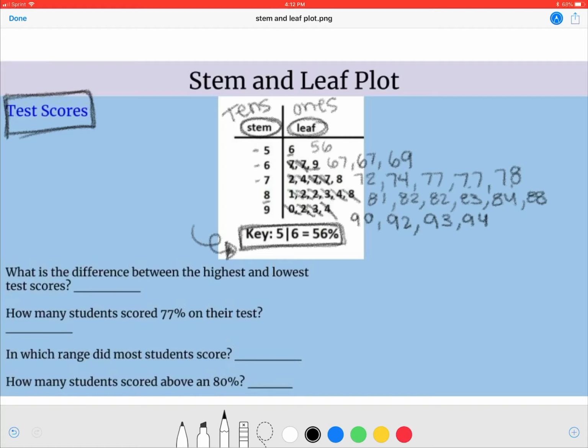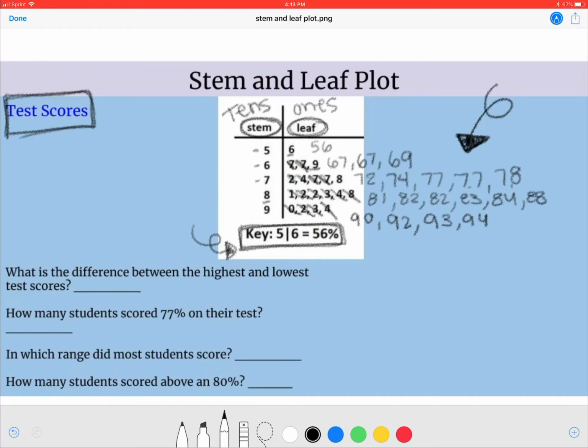What this did is it helped me to visually see what numbers were on this stem and leaf plot, and that's really going to help me when I go answer these questions. So I'm going to help you answer these questions so you can use this video as a guide when you are doing your assignment for a grade this week. It's really important that you do this strategy right here. We always talk about strategies in math, and this is the strategy that I want to see, because it really helps your brain see what numbers are on your stem and leaf plot.